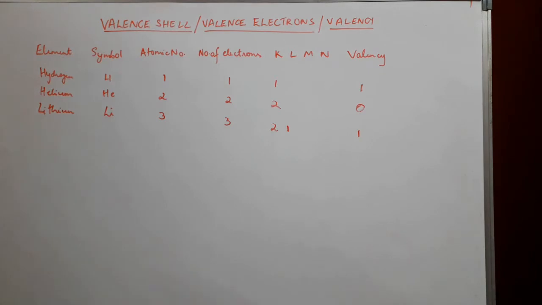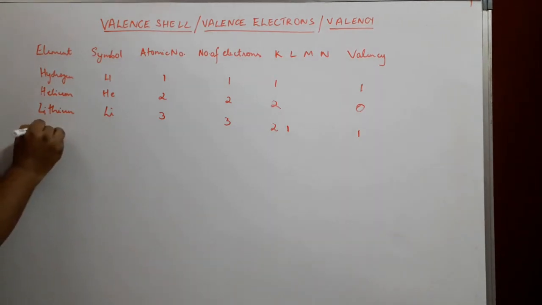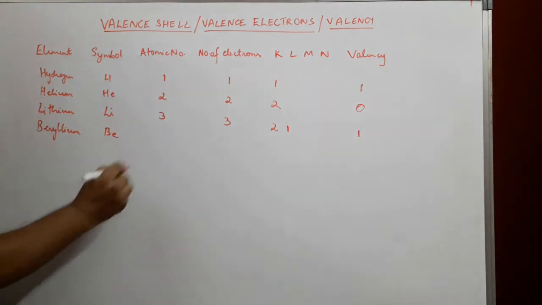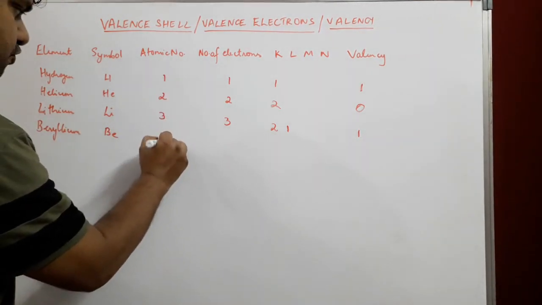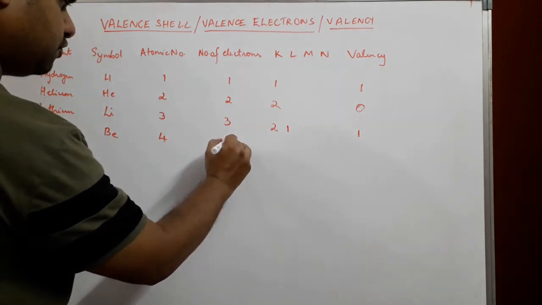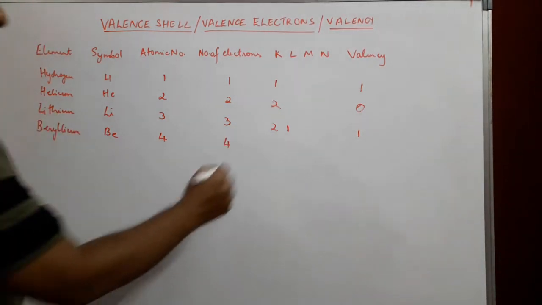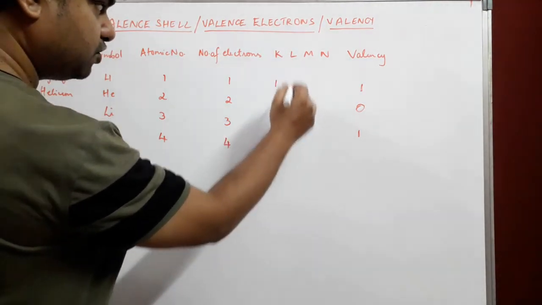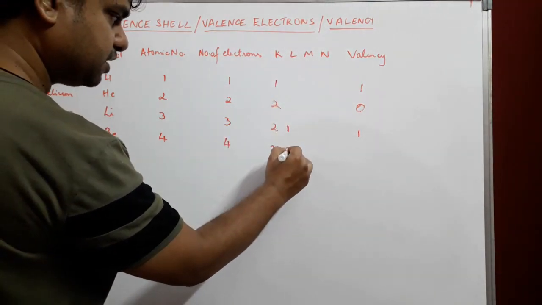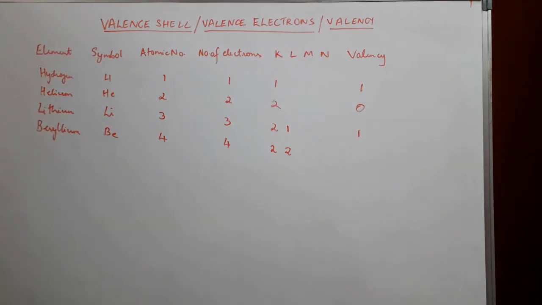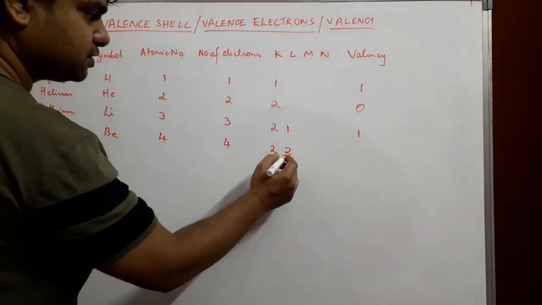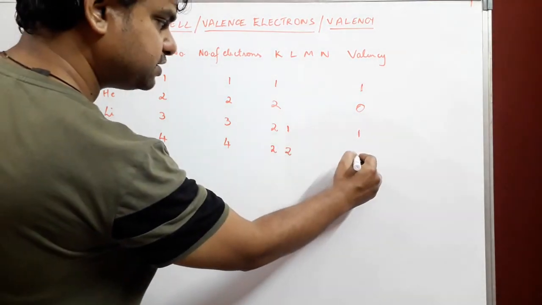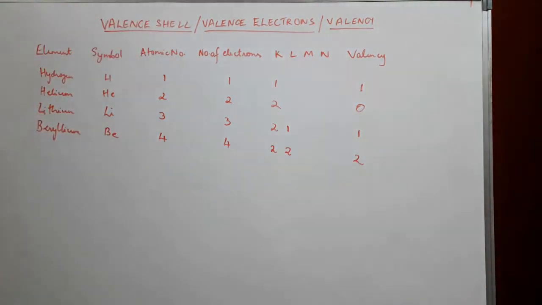Our next element is beryllium. Symbol is Be. Atomic number is 4, which means we have got 4 electrons. This would mean the first 2 electrons will go in the K shell, followed by the remaining 2 electrons in the L shell. Here also it is easier to lose the 2 electrons, hence the valency of beryllium becomes 2.